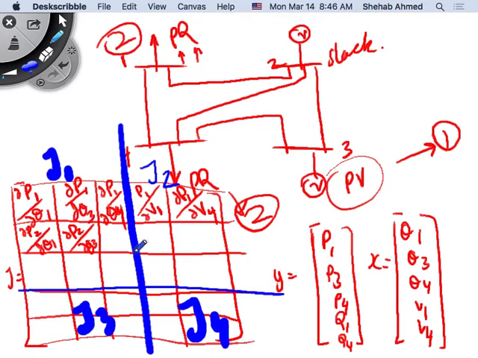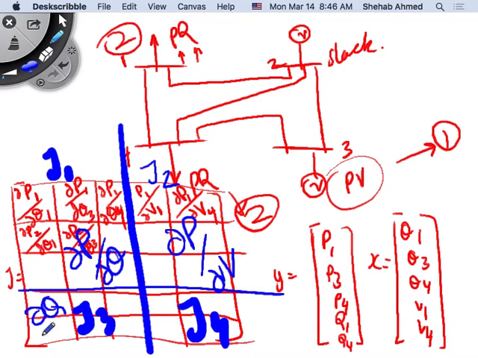This shape has all the real power differentiations with respect to angles here, all the real power differentiations with respect to voltages, and then all the reactive power differentiation with respect to angle, and then all the reactive power differentiation with respect to voltage, just because of the way we construct it, okay?